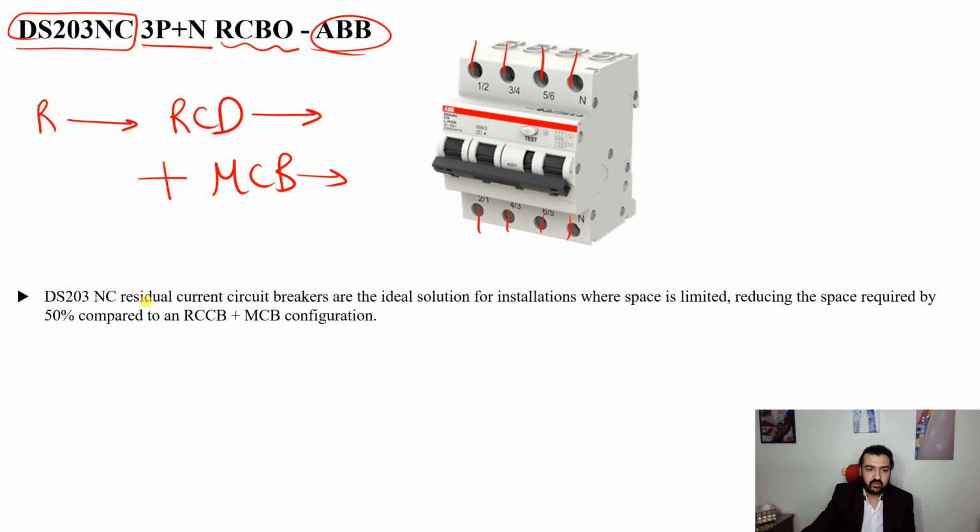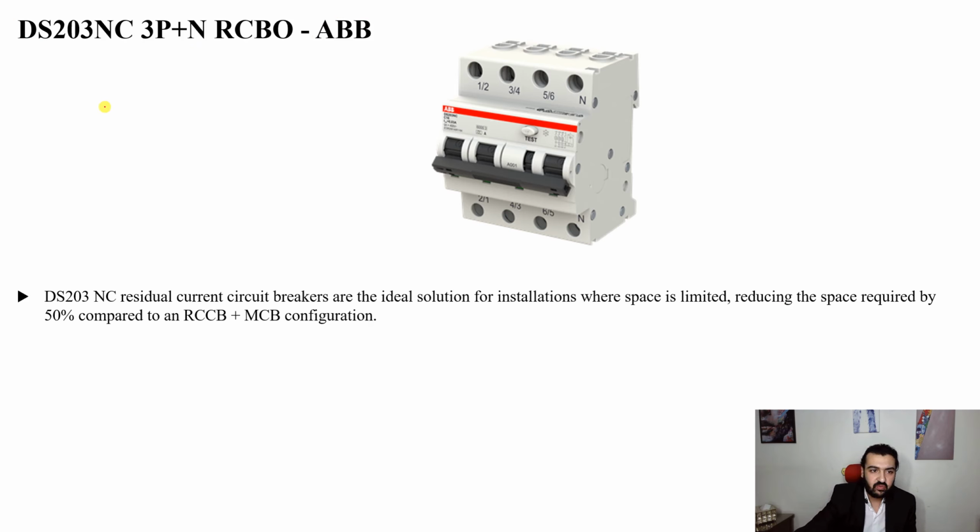So you can see here, residual current circuit breaker with overcurrent protection devices are the ideal solution for installations where space is limited, reducing the space required by 50% compared to an RCCB plus MCB configuration.